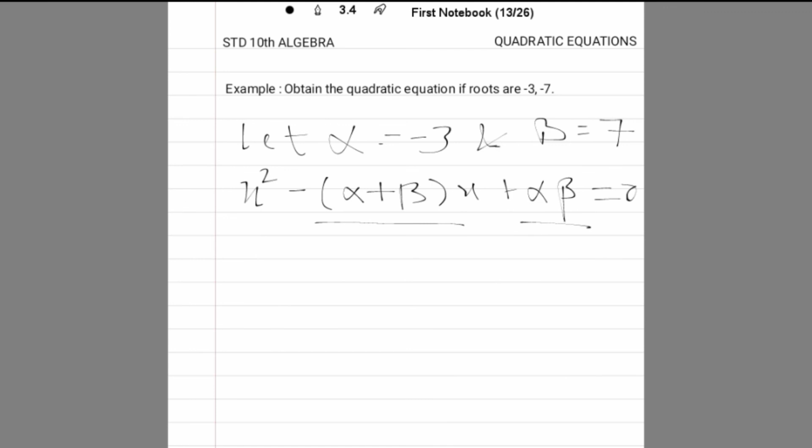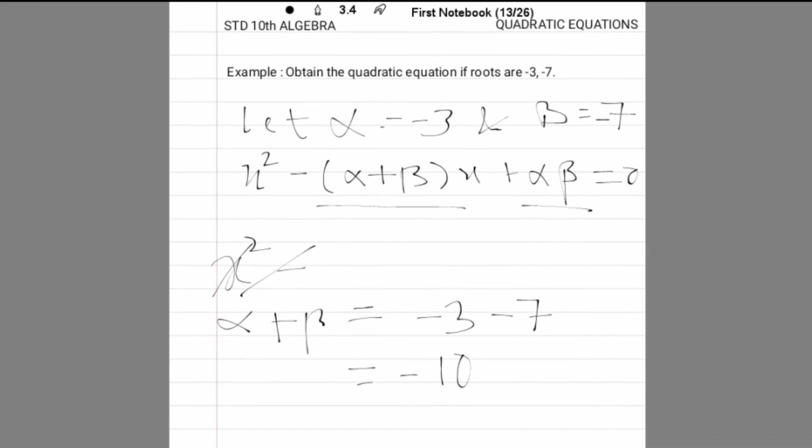So what we will get is x square minus, we need to find the values of alpha plus beta. So alpha plus beta is -3 plus -7. So -3 and -7 will give us -10.